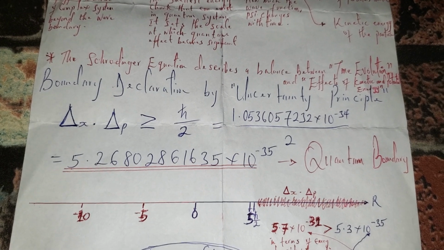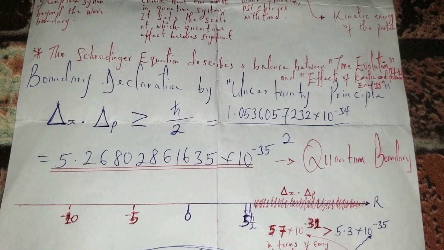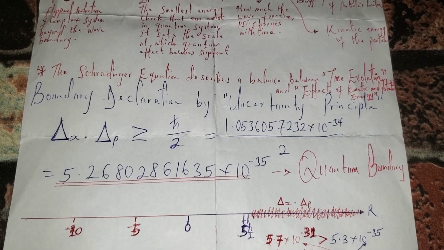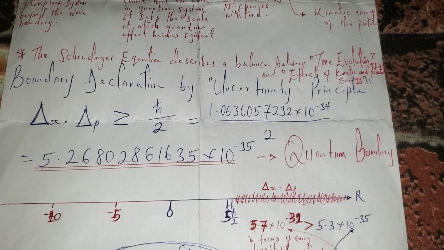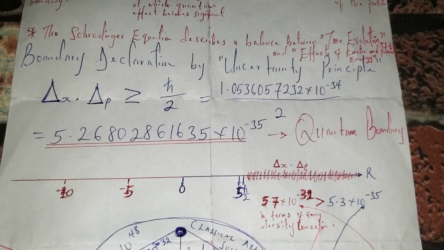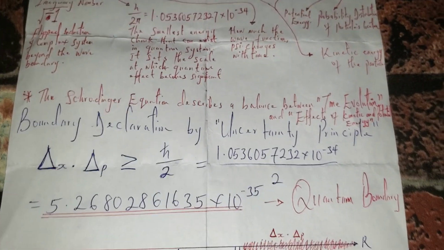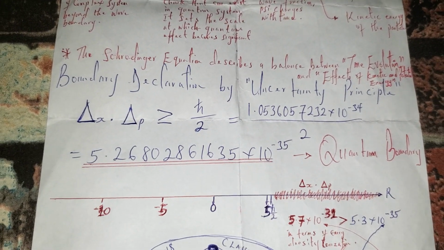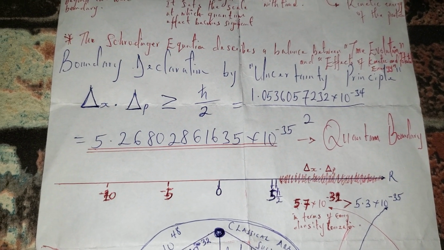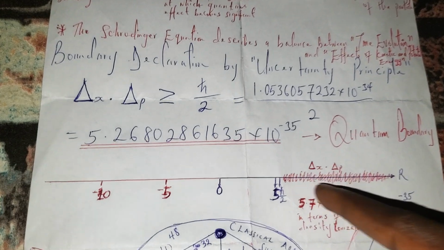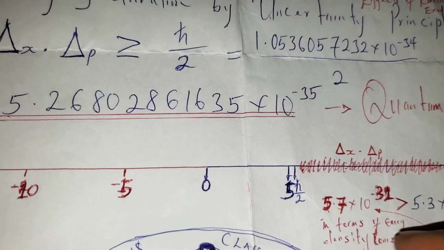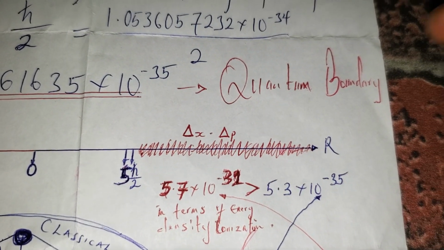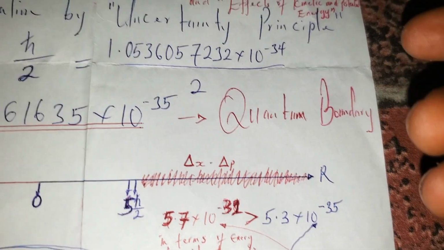So the solution must come right from classical mechanics into quantum mechanics, and you will get to understand why, because we must have momentum and position frozen in such a way that we'll be able to measure the two. Basically, I want you to look at this boundary, the uncertainty boundary limit, which is going to serve as our quantum boundary.